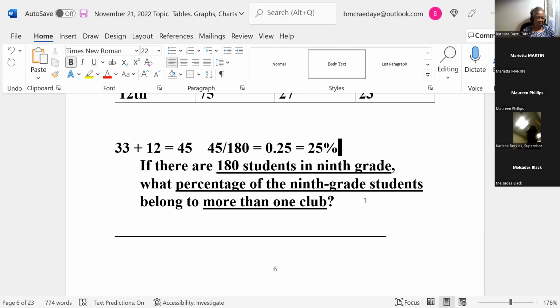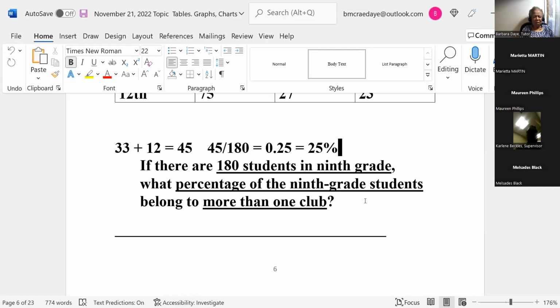Okay, we do it over. 45 divided by 180. No, you should get 0.25, 1/4. 45 is 1/4 of 180. 1/4 is 25%.